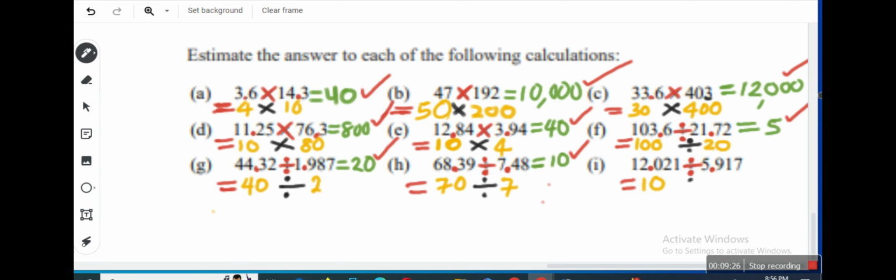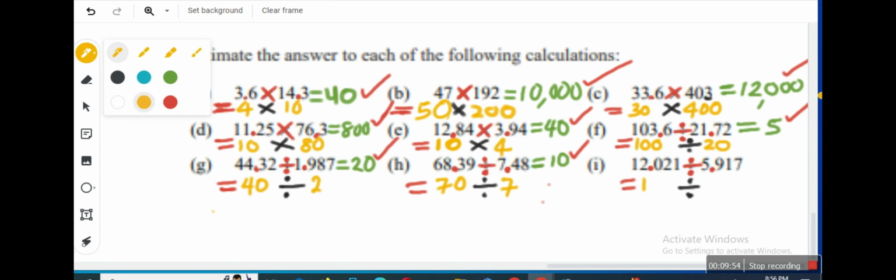Divided by 6. Then you could actually use 12. You could use 12 divided by 6. Sometimes, you know, it's estimation.